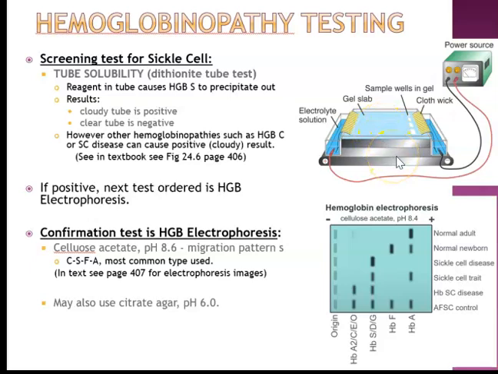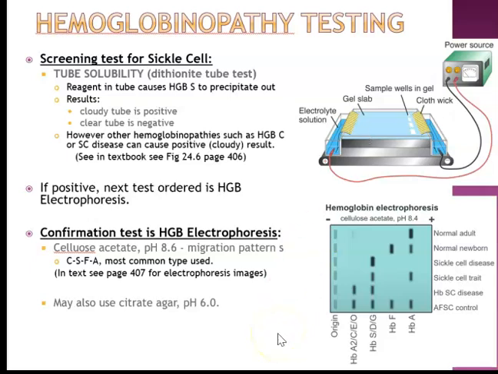You're going to have a power source with a positive and negative that this is hooked up to, and those samples are going to run across this gel. Depending on where they stop along the gel, it's going to tell us what type of hemoglobin that person has.